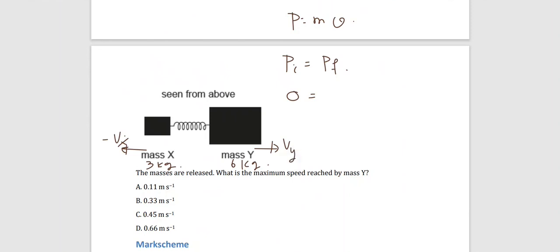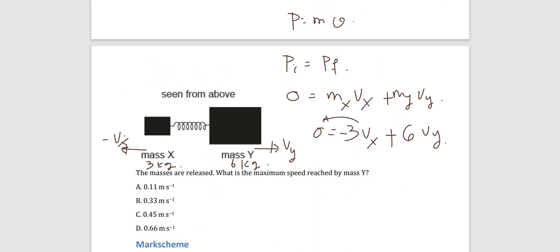So this will equal mass of object X times the velocity of object X plus mass of object Y times the velocity of object Y. So 0 equals Mx is 3, velocity of object X in the negative direction, plus My is 6, the velocity of object Y in the positive direction.